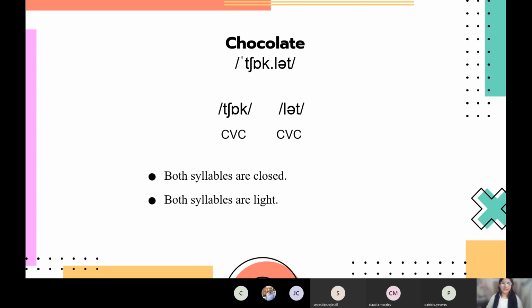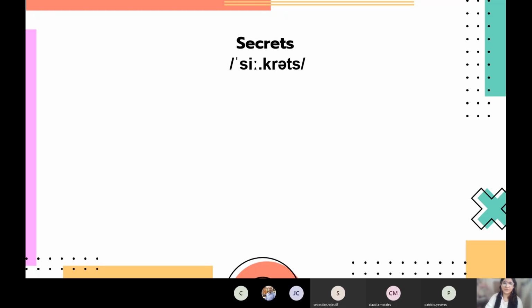So we can say that both of these syllables are closed and both of the syllables are light. I am not going to stop on this part because that's something we are going to see again today, and it's going to help you remember what those concepts refer to.